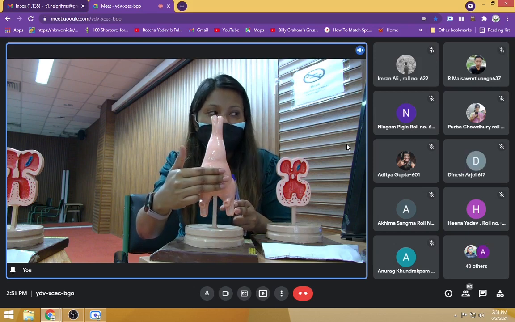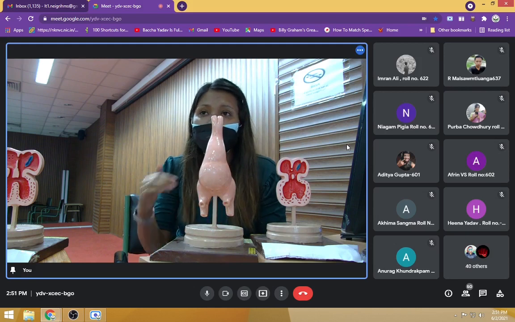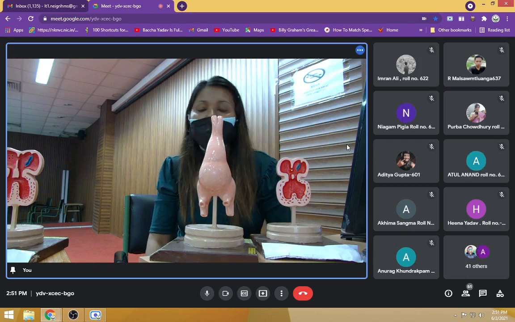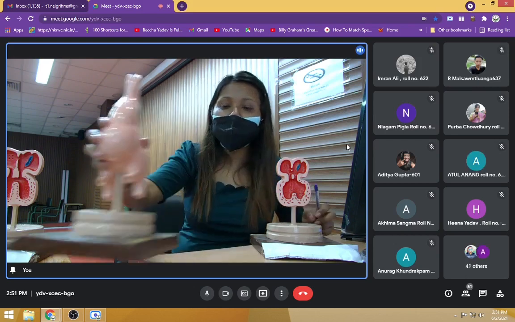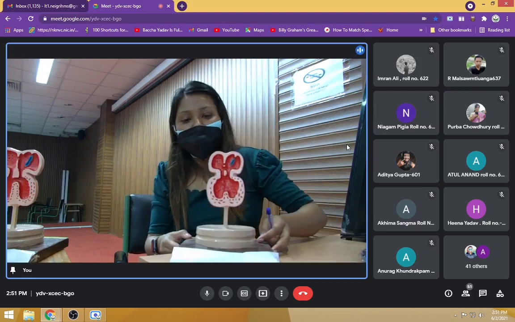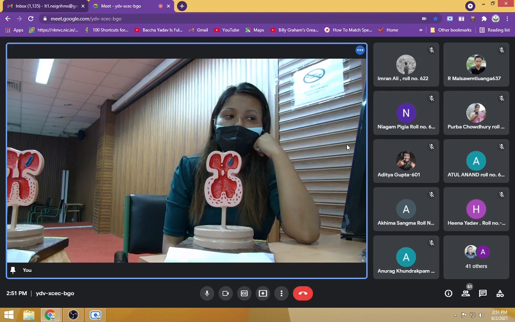Now, what happens? We have two parts in the atrium. The upper part is the rough part, the lower part is the smooth part. From where does the rough part develop and from where does the smooth part develop?